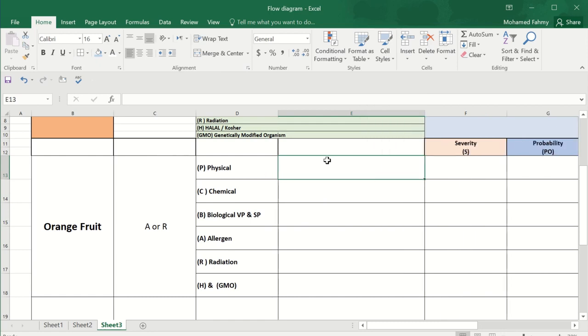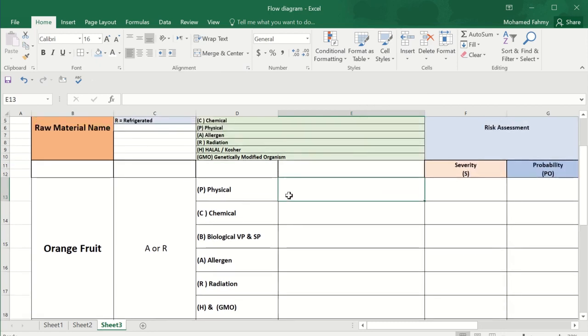What are the physical hazards in the orange? It will be foreign materials from soil, stones, metallic objects, and for example wood.